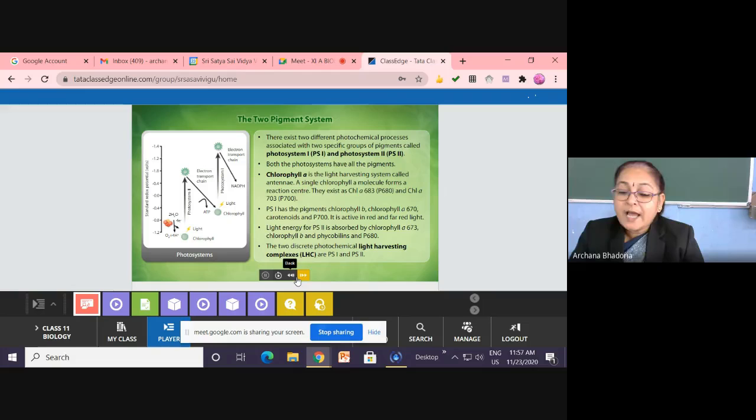Okay, and what are the pigments present in pigment system 1 or photosystem 1?